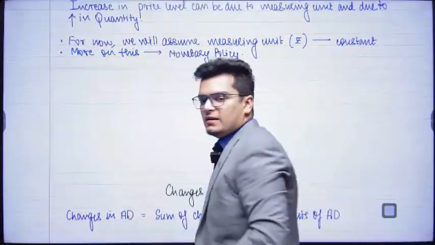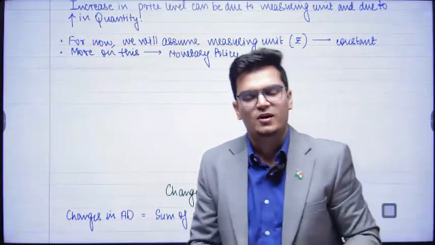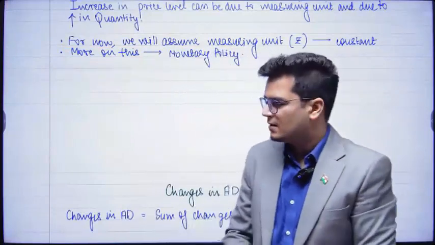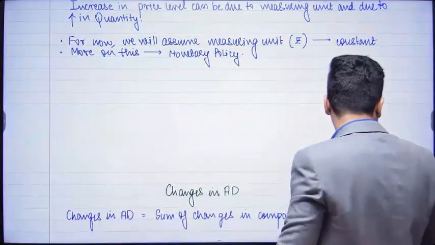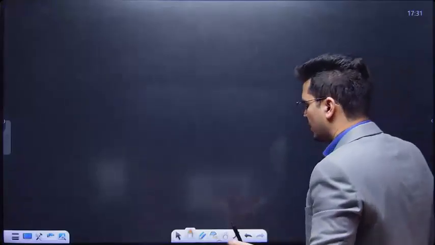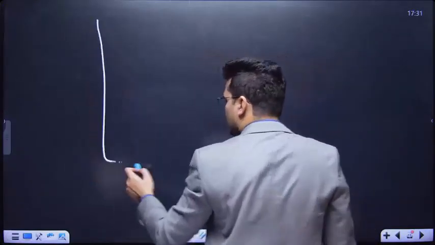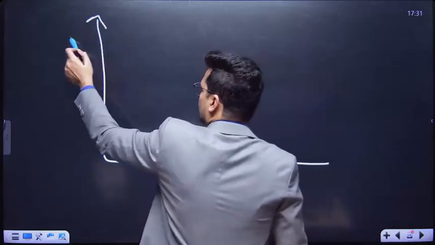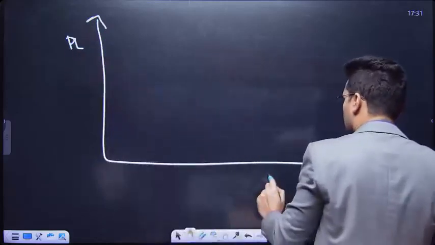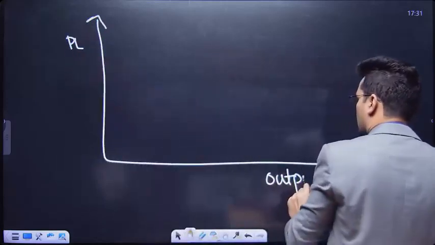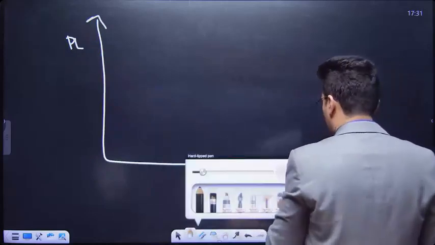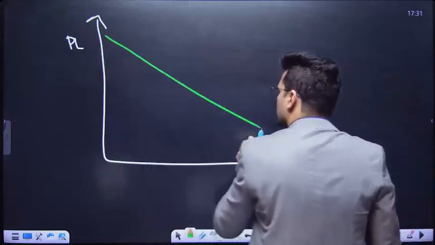अब लार्जली मेरा काम खत्म और आपका काम शुरू. हमने क्या देखा कि इन्फ्लेशन क्या है? Inflation is change in the price level. This is price level, this is output. This is aggregate demand.